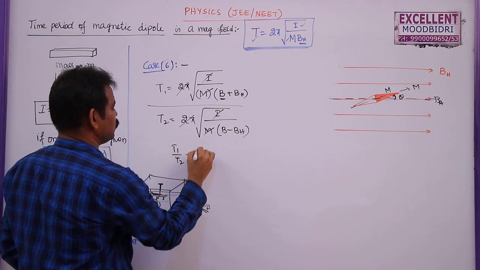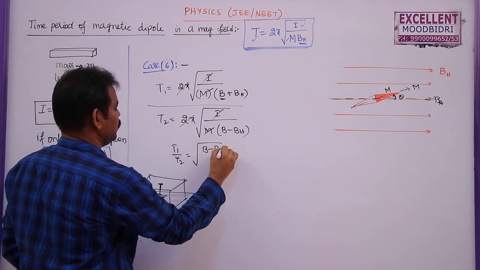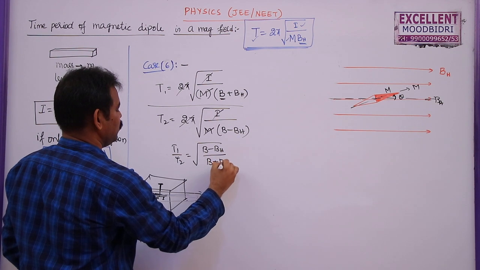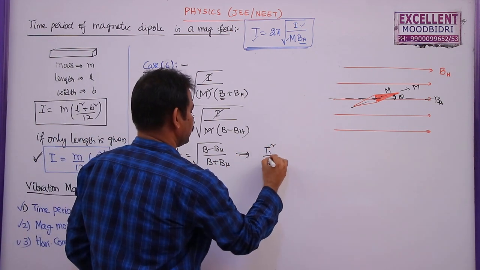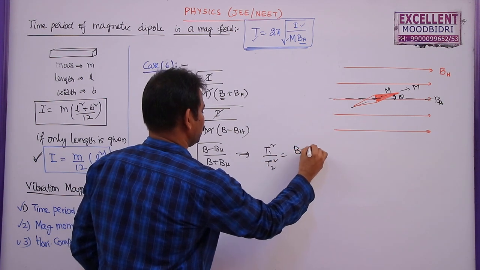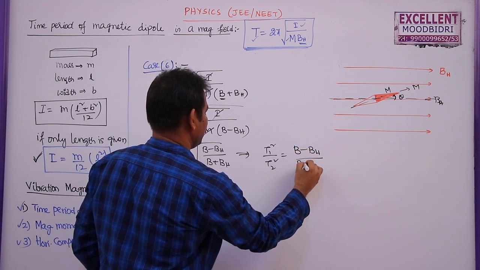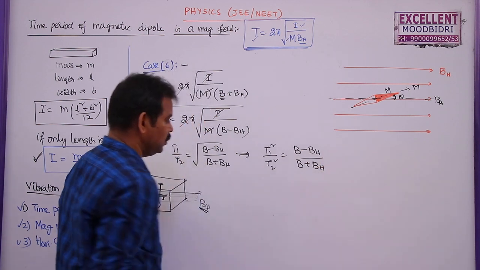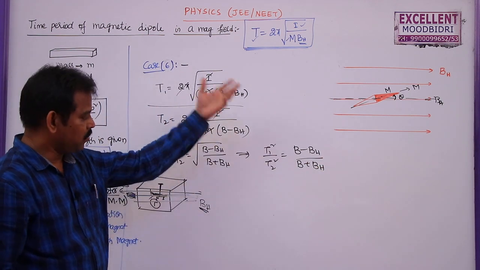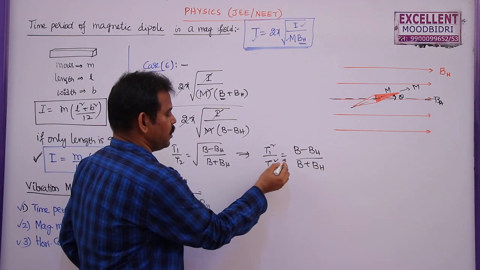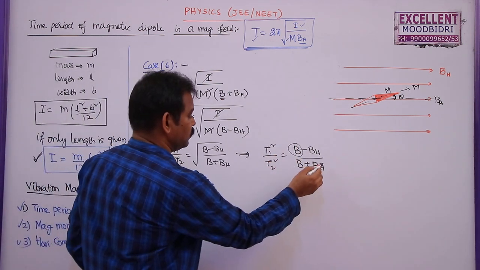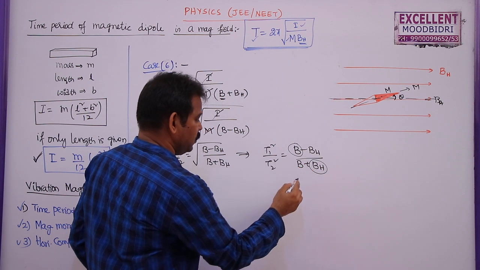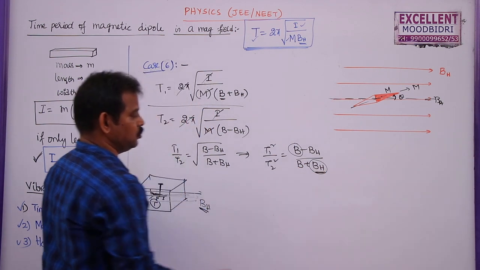T1 by T2 is equal to root over (B minus BH) by (B plus BH). And squaring on both sides, T1 square by T2 square is equal to (B minus BH) by (B plus BH). So by using this concept, we can find either the time period of this magnet, or the magnetic induction of this external magnet, or even the horizontal component of the earth's magnetic field.